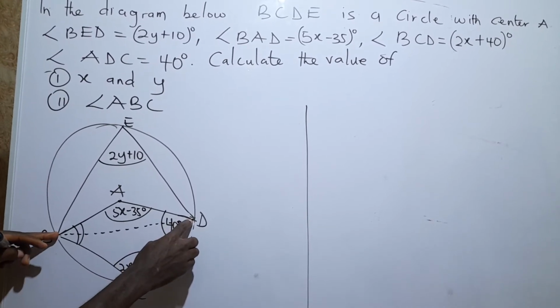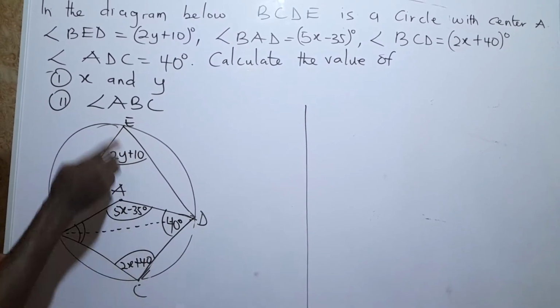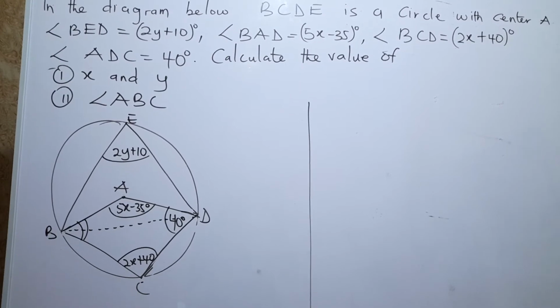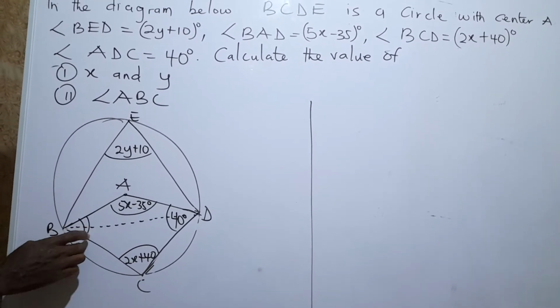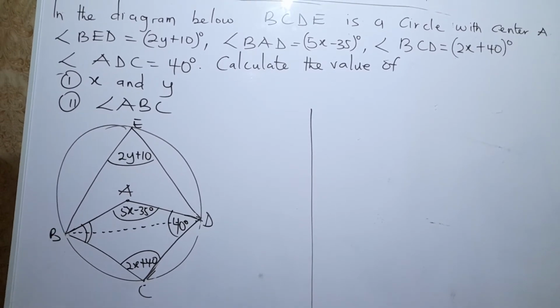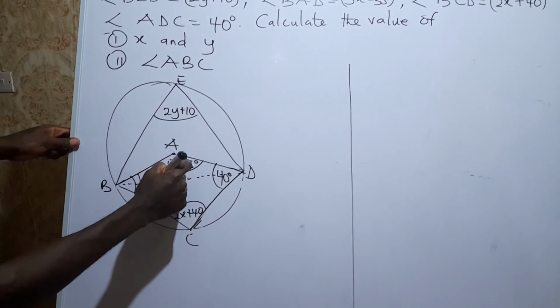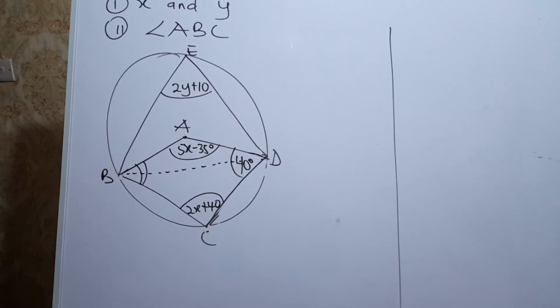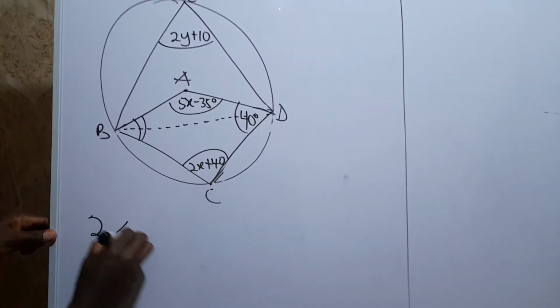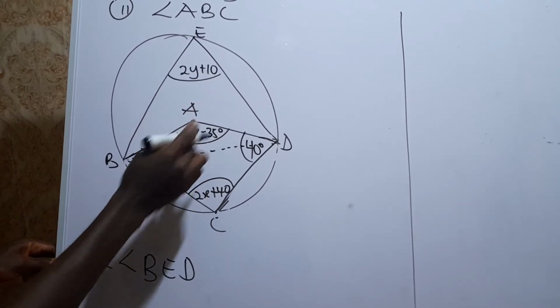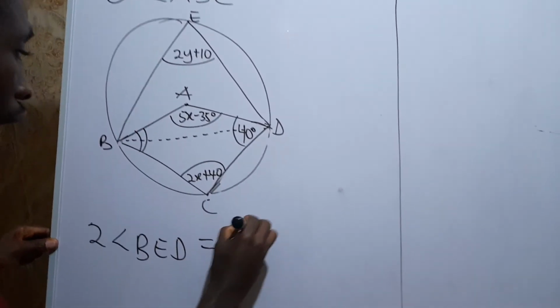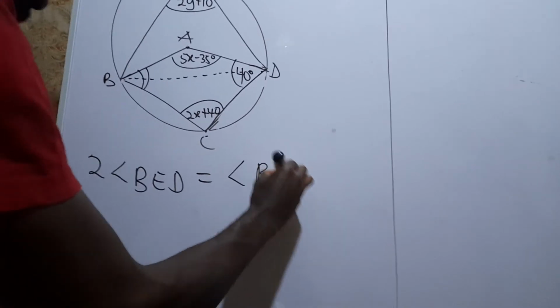We use these properties to find the value of x and y and this angle here. So we can say that twice this angle here is equal to the angle here. So 2 times angle BED, the angle here, will be equal to angle BAD.